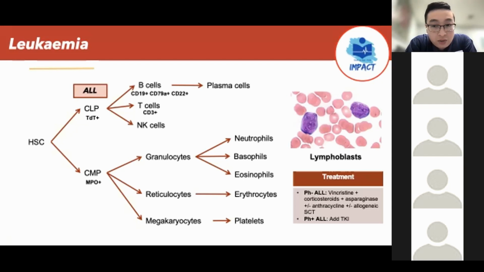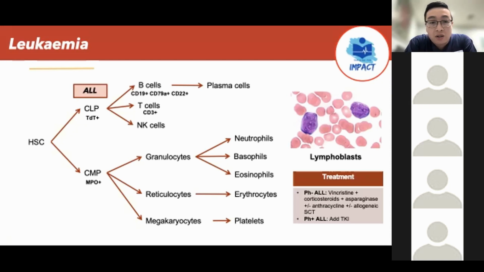And do people remember what translocation is associated with the Philadelphia chromosome? Yeah, so translocation between 9 and 22, so T(9;22). So this is the second type of ALL, accounts for a quarter of adult ALL cases.